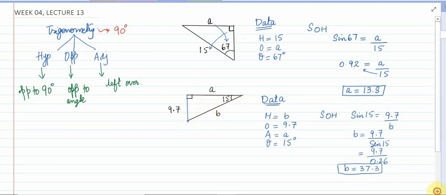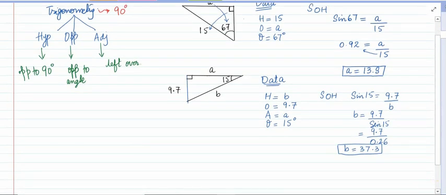After the value of b, we can use Pythagoras theorem, but I advise you to never use your answer to find the next unknown. The reason is that if this value is wrong, then your next answer will be wrong too.